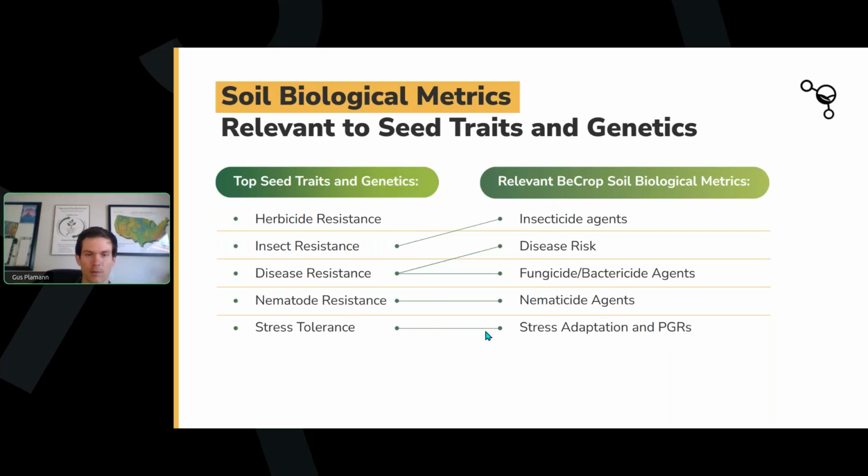So the little line here connects some of those seed traits we were just looking at with the BeCrop metrics that are ultimately going to inform the selection of some of these seed traits. And it's pretty straightforward. If you talk nematodes or insects, then insecticide agent and nematicide agent are going to be main areas of focus.